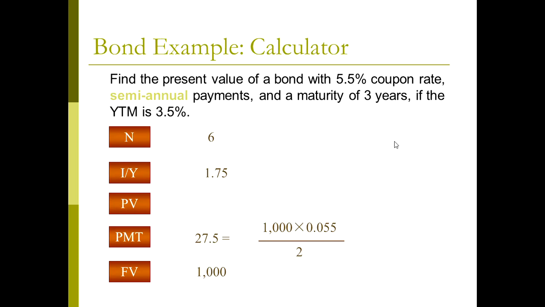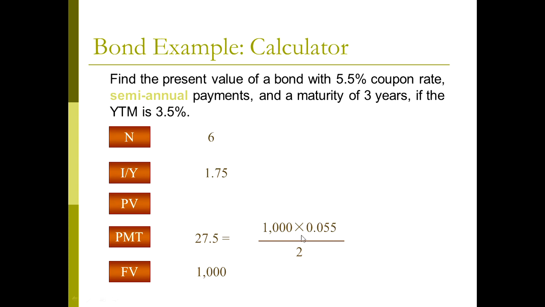Now, if you want to use the calculator to calculate the value of the bond, all you need to do is making sure everything is in the unit of 6 months. Okay, 3 years means 6 periods. Yield 3.5 divided by 2. Every 6 months, you're discounted at 1.75%. Coupon payment.